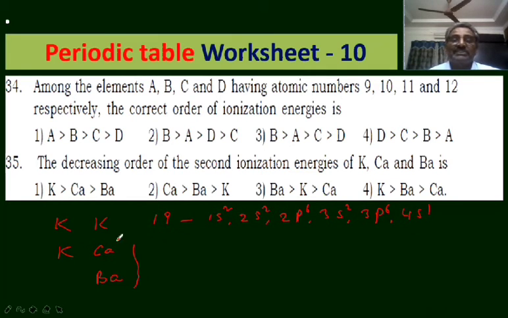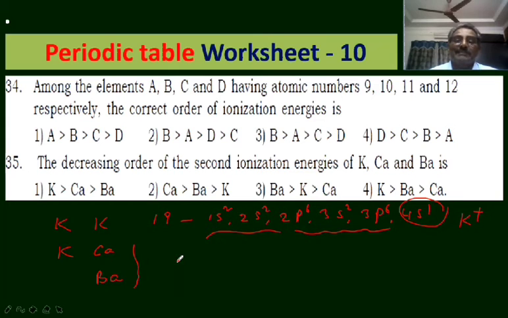When potassium changes to potassium ion, the electron in the 4s will be removed. If the electron in 4s is removed, the electronic configuration of the potassium ion will be 1s2, 2s2, 2p6, 3s2, 3p6, that is the inert gas configuration. So removal of a second electron from the K plus ion will be very difficult.